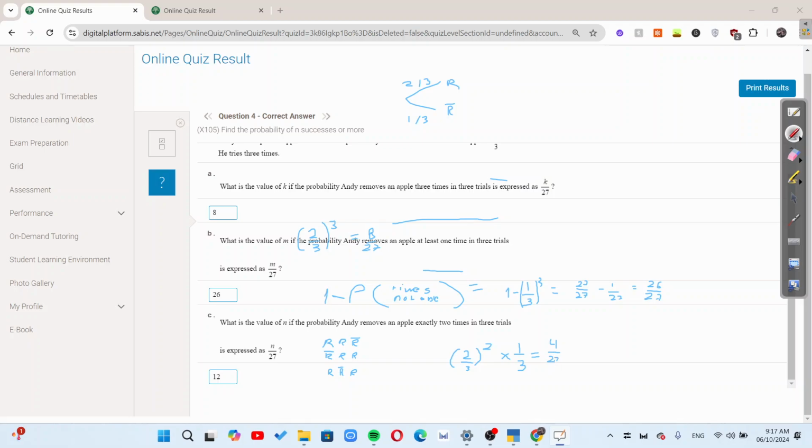So this is your chance for one of these scenarios. Since you have 3 scenarios and this is the probability for one of them, you need to multiply this number by the different scenarios you could have had, so we multiplied by 3. So 12 over 27 is your answer.